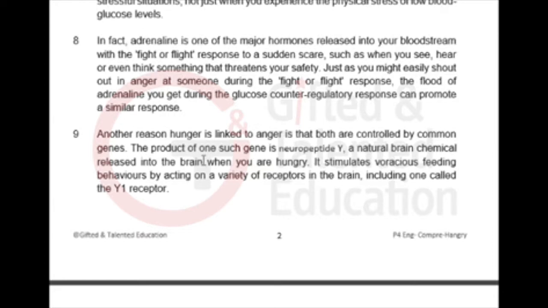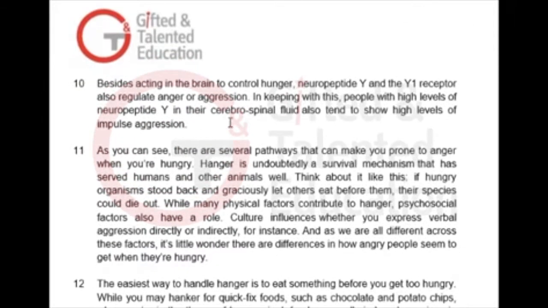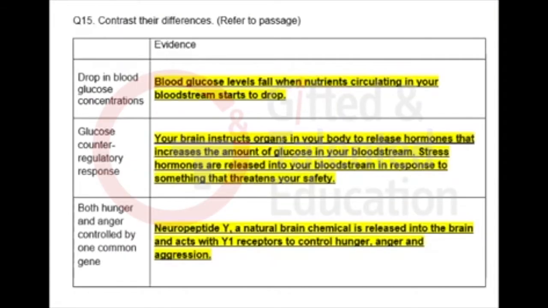It controls both hunger and anger. And it helps us to regulate anger or aggression. So there you have it. It helps us to control hunger, anger, and aggression by acting on Y1 receptors, and therefore it's called neuropeptide Y.